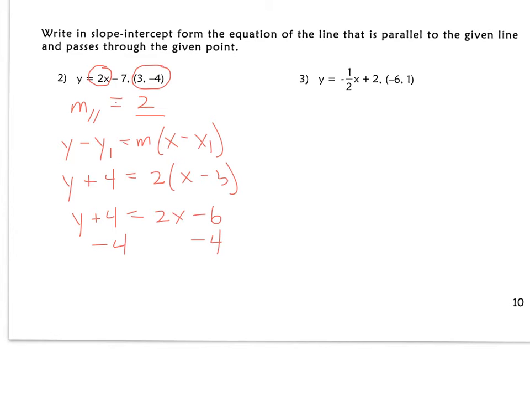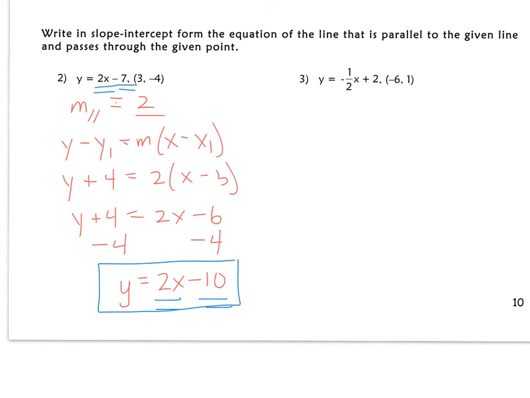I'm going to subtract 4 from both sides to combine like terms, and y equals 2x minus 10. Okay, so one of the things that I want you to notice is that they have the same slope. So these are two parallel lines with the same slope, but they have different y-intercepts. Okay, so y equal to 2x minus 10 is the equation of our parallel line.